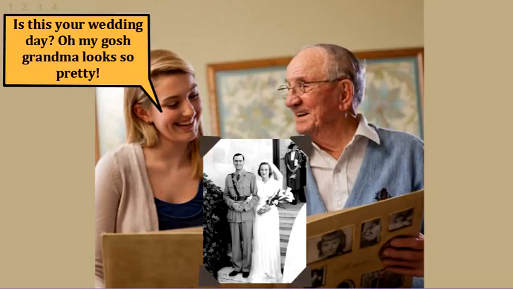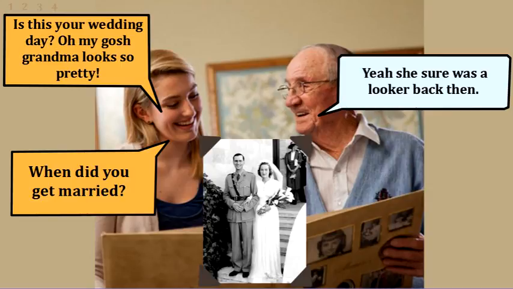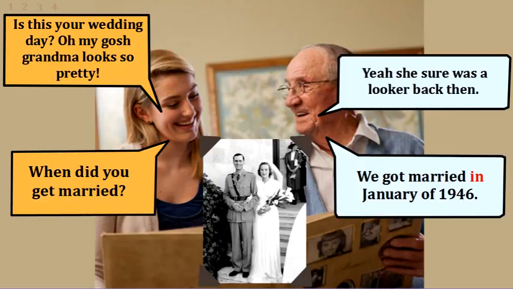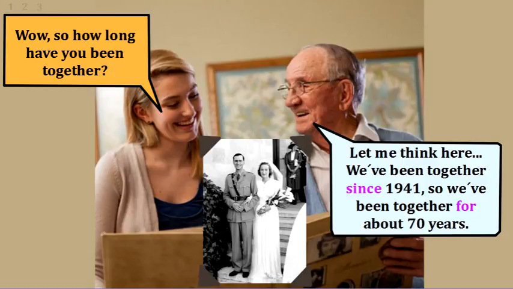Is this your wedding day? Oh my gosh, Grandma looks so pretty. Yeah, she sure was a looker back then. When did you get married? We got married in January of 1946. Wow, so how long have you been together? Let me think here.